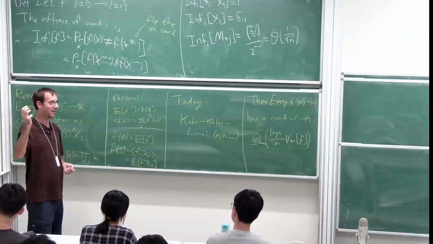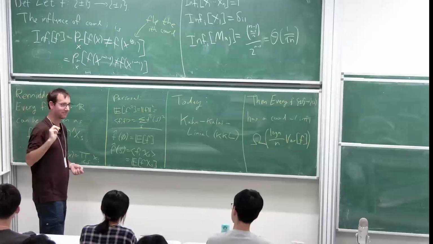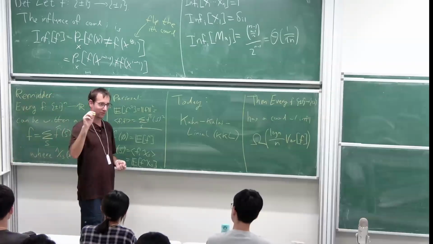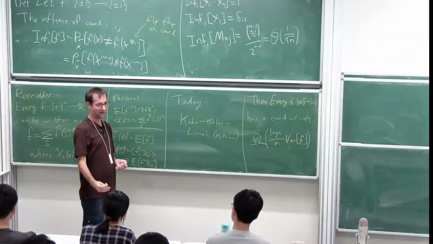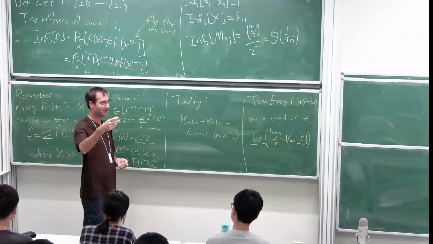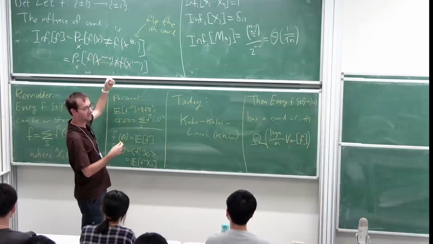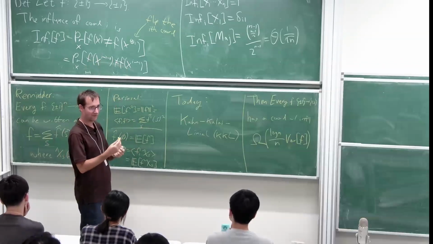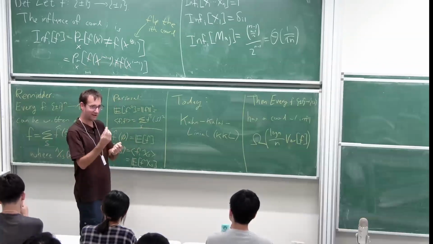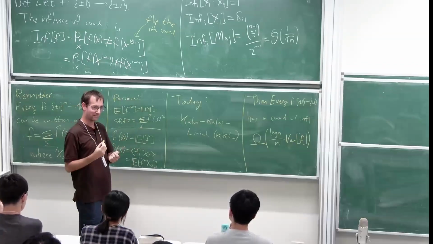It follows from the definition. The influence is the probability that this makes a difference, and then I just increase the expectation.